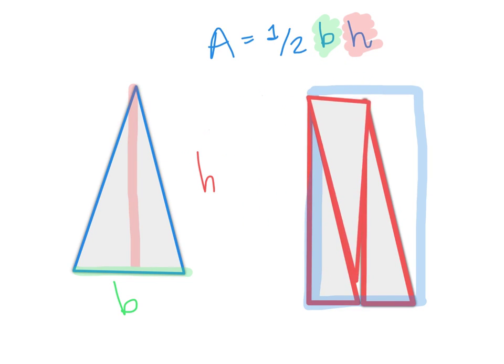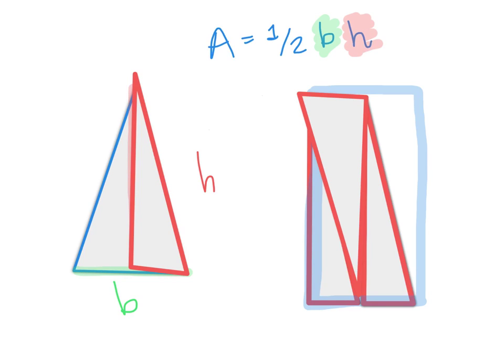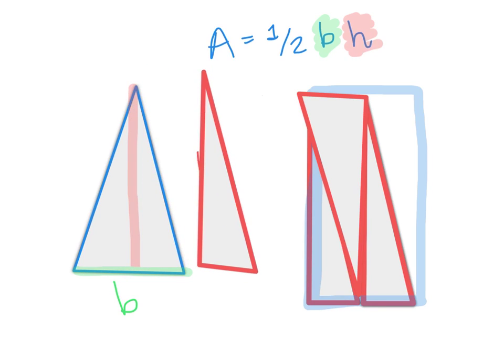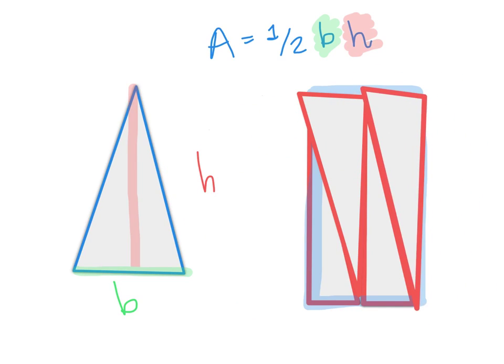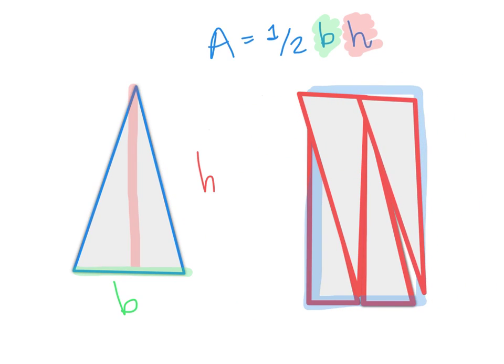If we flip it around like that, it actually does fit inside of our rectangle. So we'll just move this one too. And it's not exactly perfect, but if I were a perfect artist, this would be perfect.